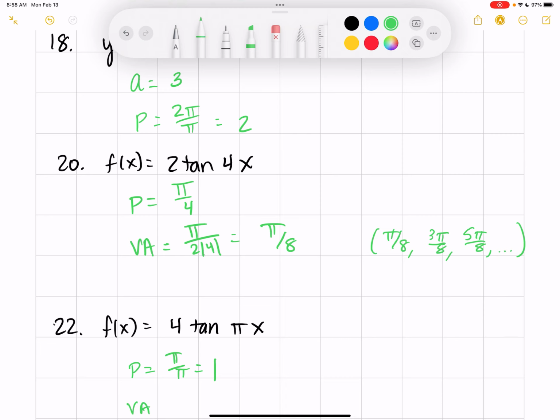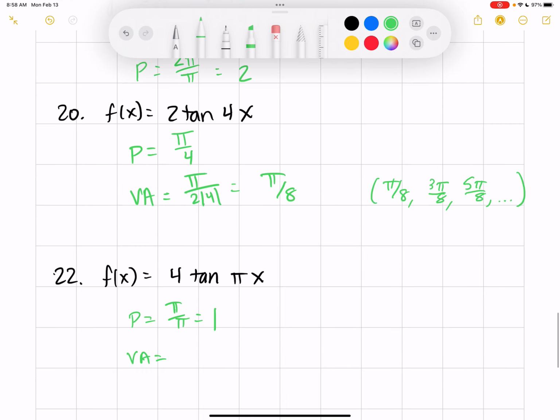And then vertical asymptotes would be where? Pi over 2. Nope. One half. Okay, so it's pi over 2 pi, which reduces to 1/2.